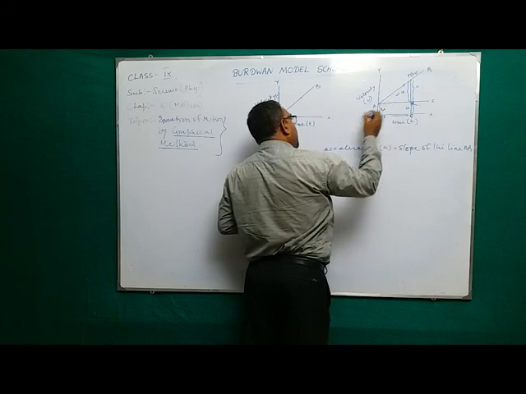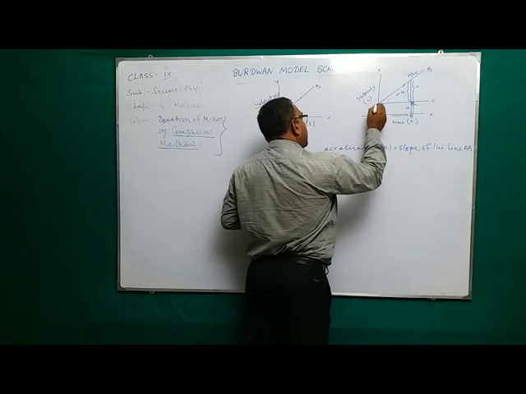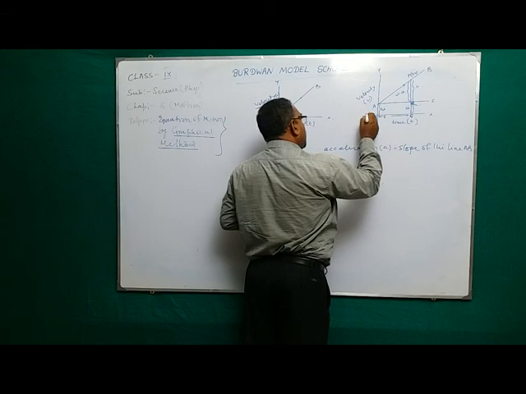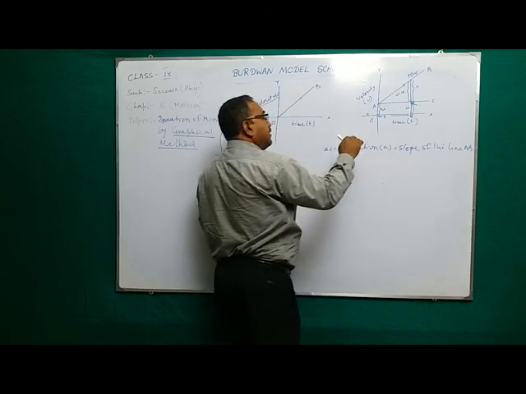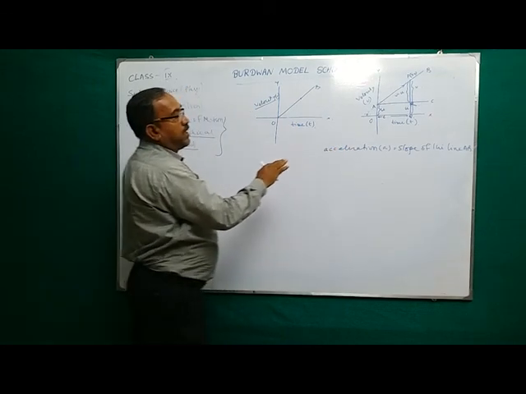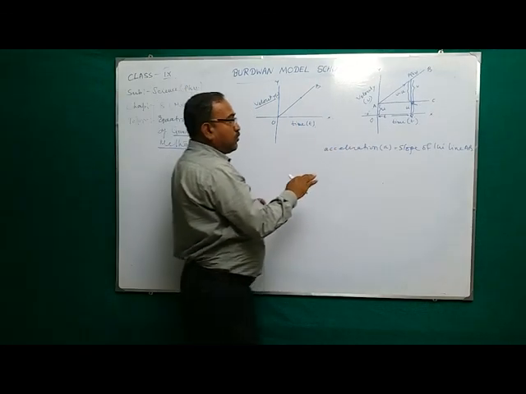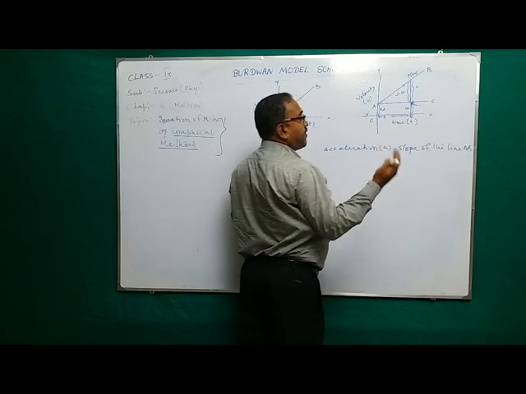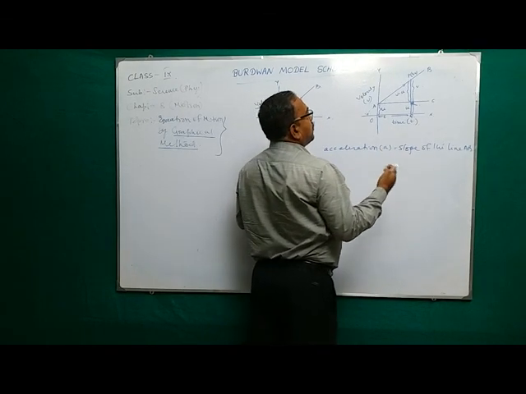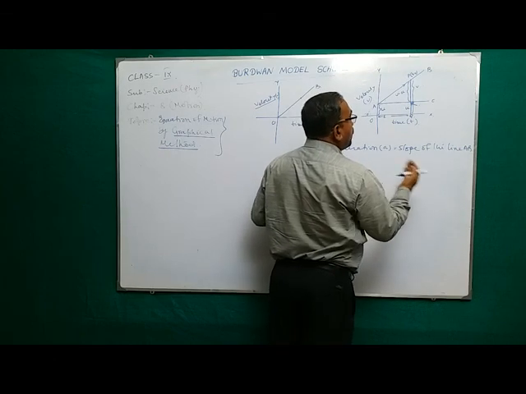If you consider this angle is theta, that angle also is theta. Tan theta is the slope of the line. In class 10, you also know the meaning of tan theta. So that is not in your syllabus, you only remember it.